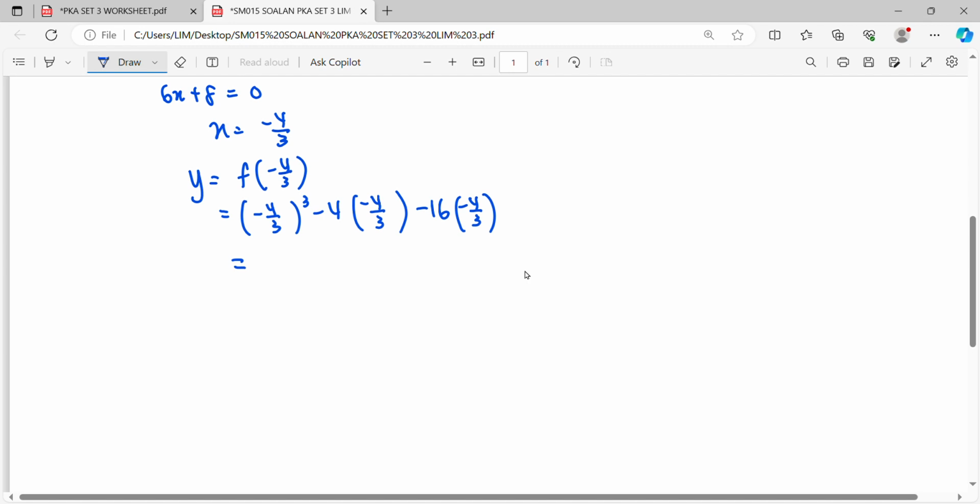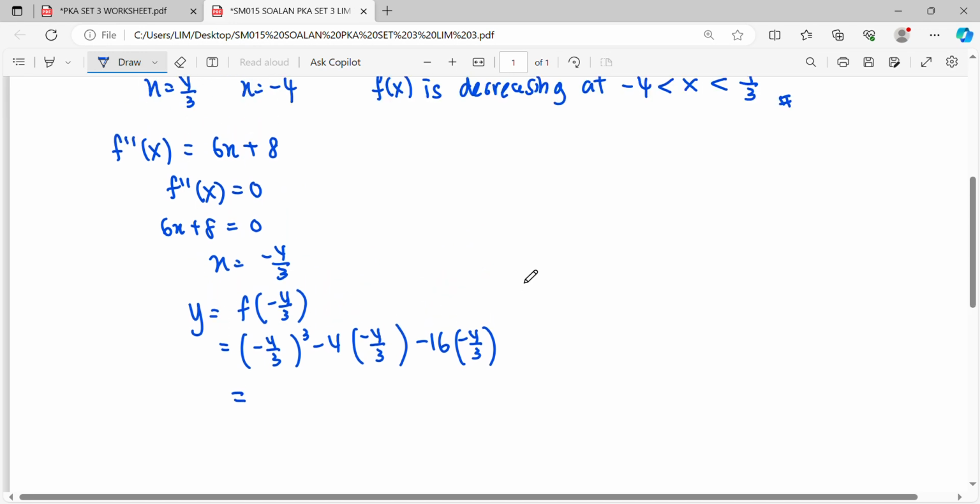What's your value? Help me calculate. What's your y coordinate? 704 over 27.